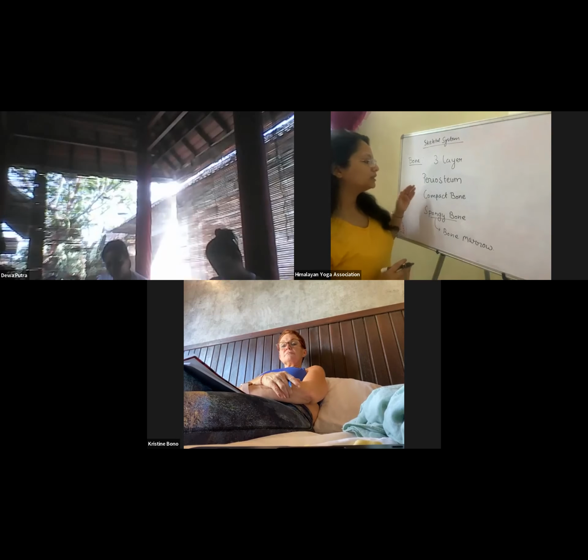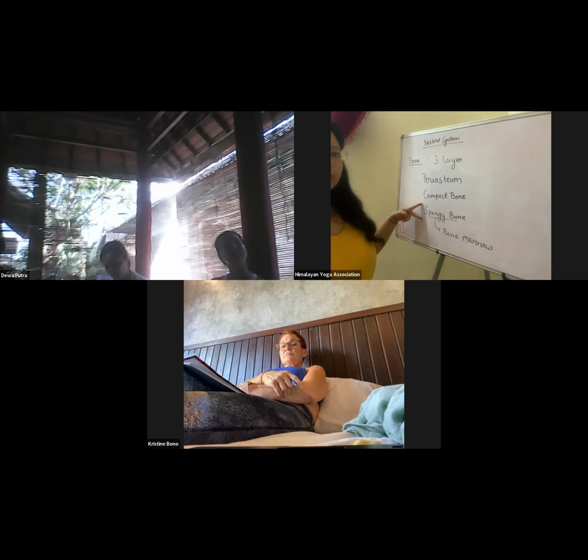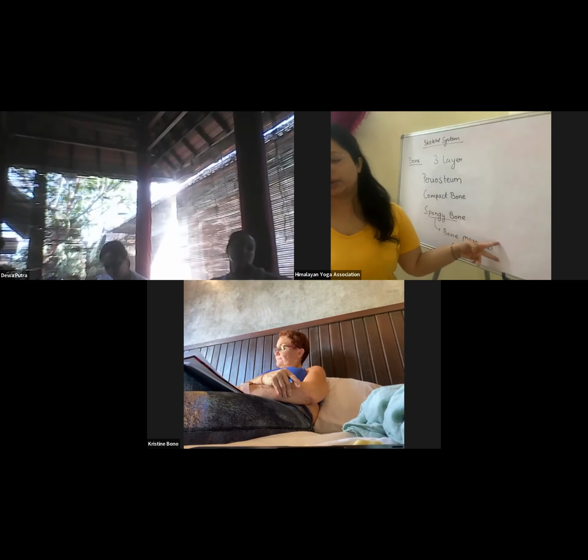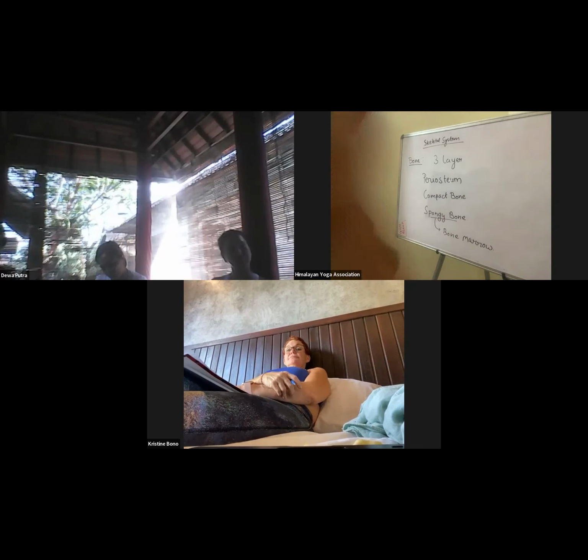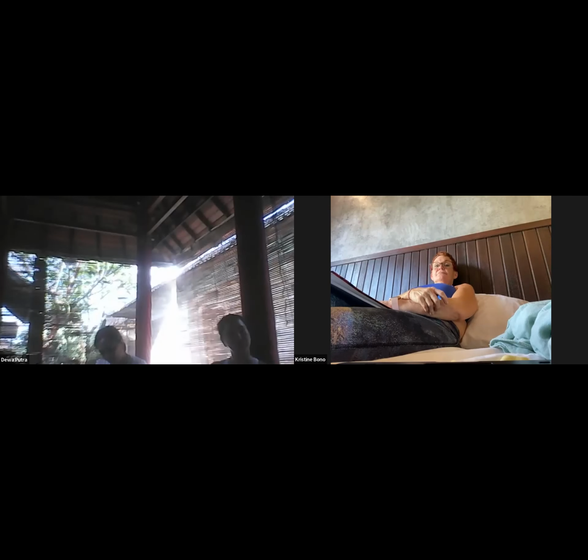Then compact is the middle layer, also hard. Then we have spongy bone, which is softer and is the place where bone marrow is stored. Let me show you a photograph.